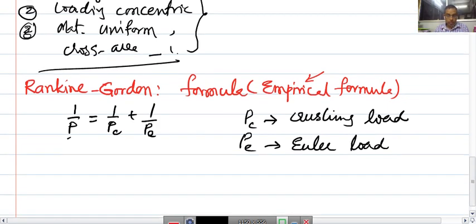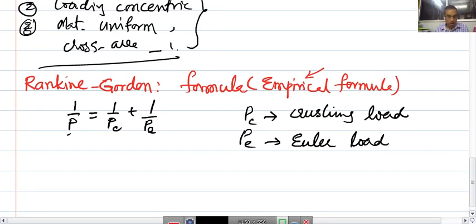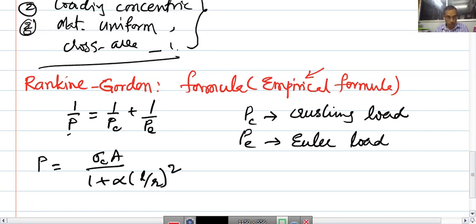Okay. So, according to that, P is equal to sigma C into A by 1 plus alpha times L by R whole square. We know that sigma C into A is nothing but your PC, the crushing load.